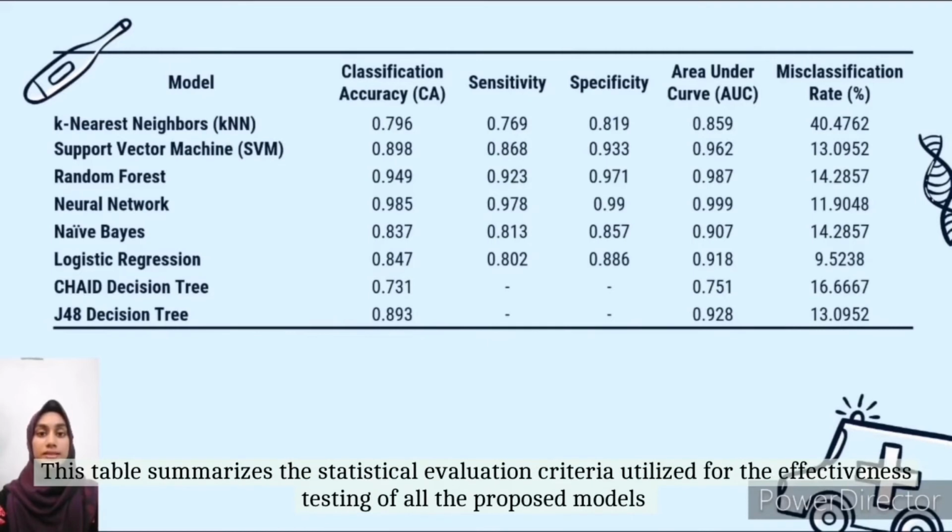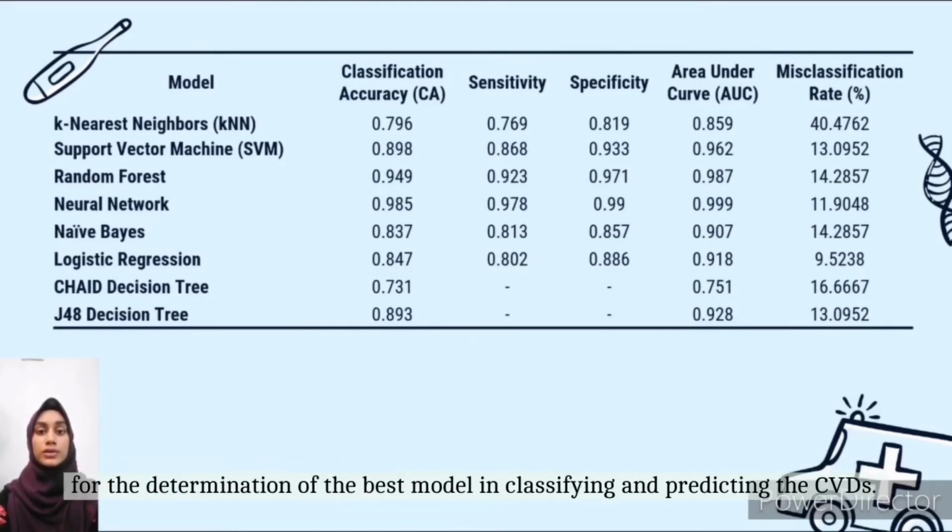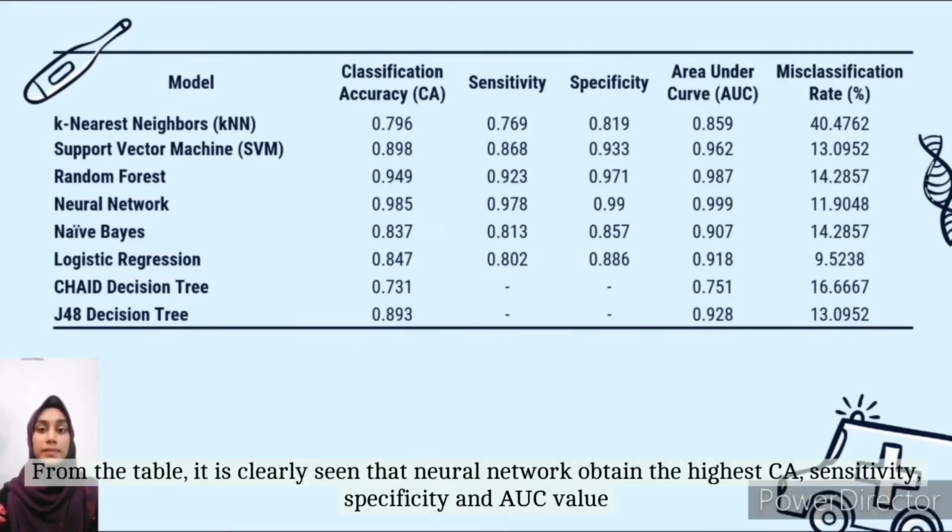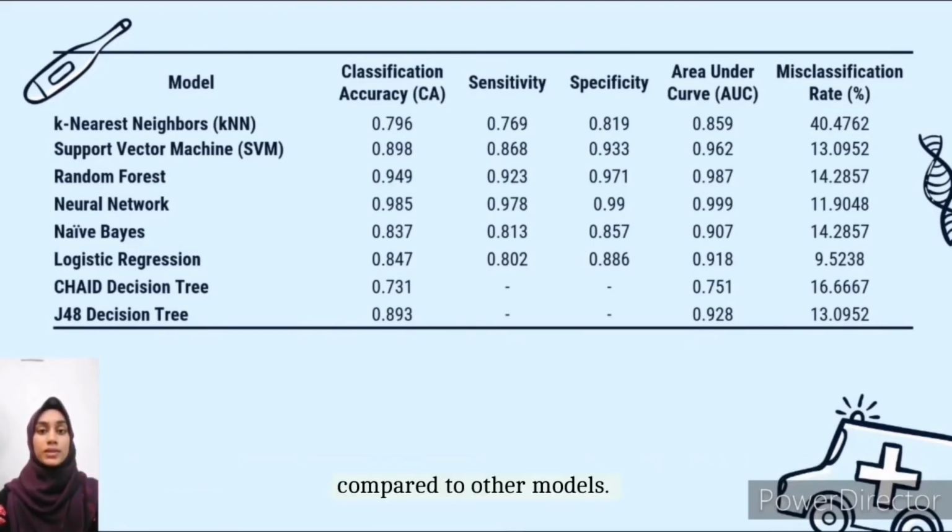This table summarizes the statistical evaluation criteria utilized for the effectiveness testing of all the proposed models for the determination of the best model in classifying and predicting CVDs. From the table, it is clearly seen that neural network obtained the highest CA, sensitivity, specificity, and AUC value compared to other models.